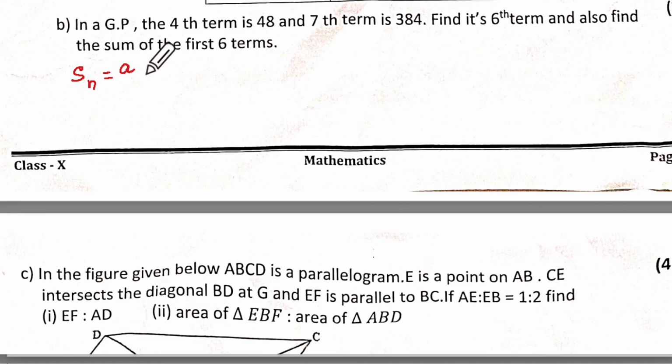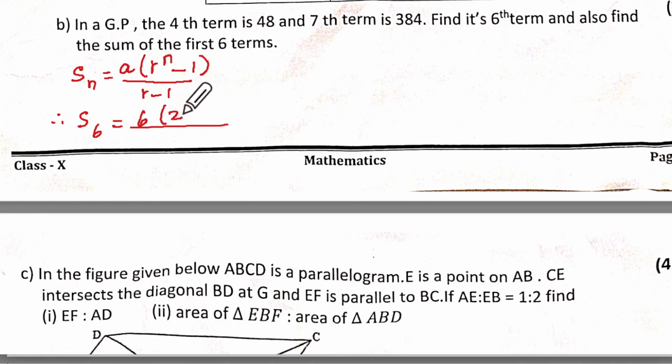Therefore, S6 will be equal to A is 6, and here 2 to the power 6 minus 1 upon 2 minus 1, which is 6 into bracket 2 to the power 6 is 64, minus 1, upon 1.